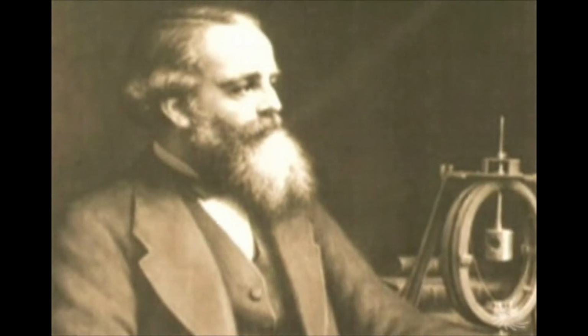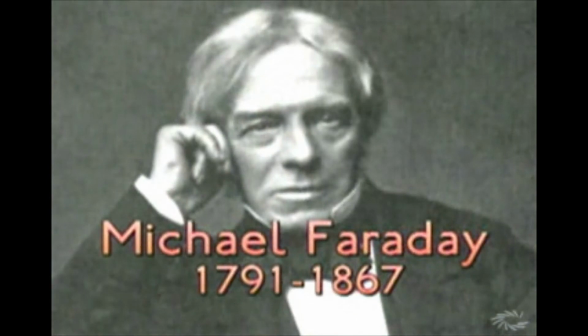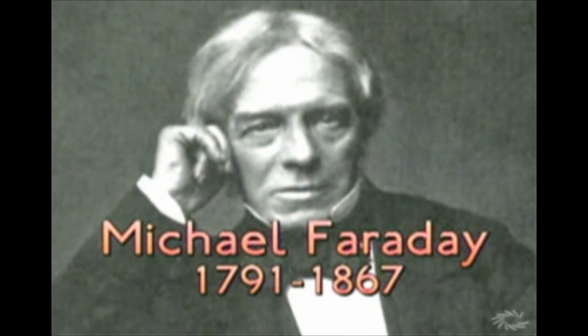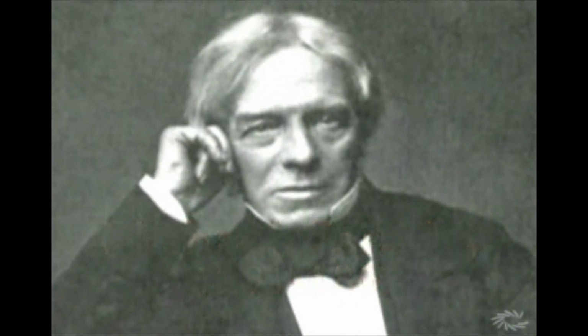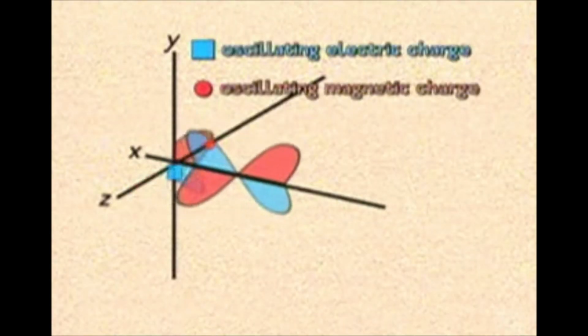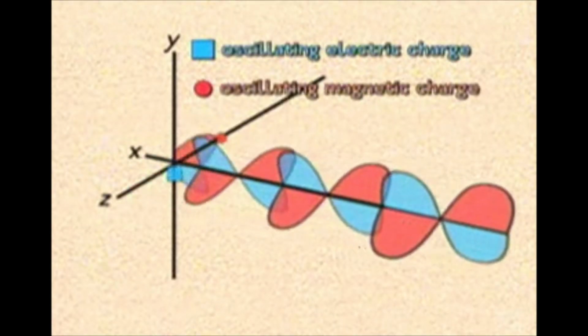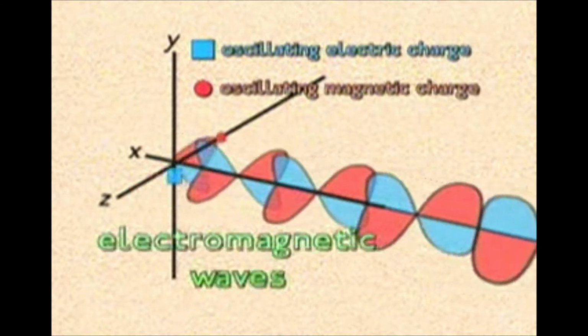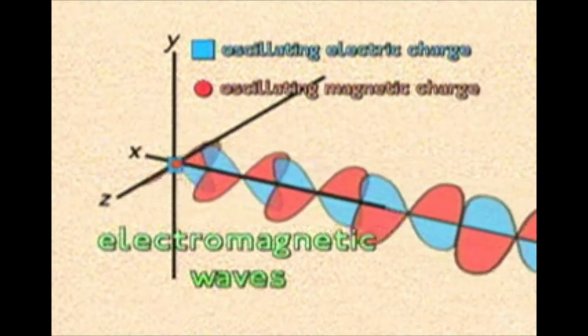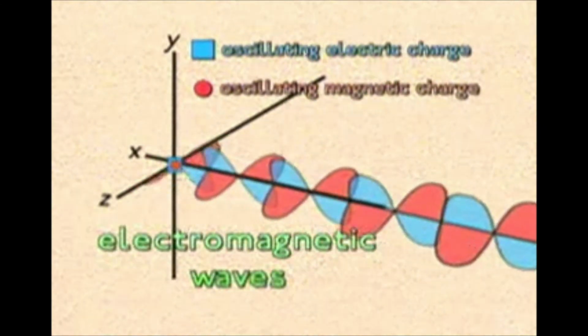Maxwell developed equations based on the earlier work of Michael Faraday, who had demonstrated the link between electric fields and magnetic fields. The oscillations, or movements back and forth of electric charges, generate electromagnetic waves of energy, which propagate as transverse waves.